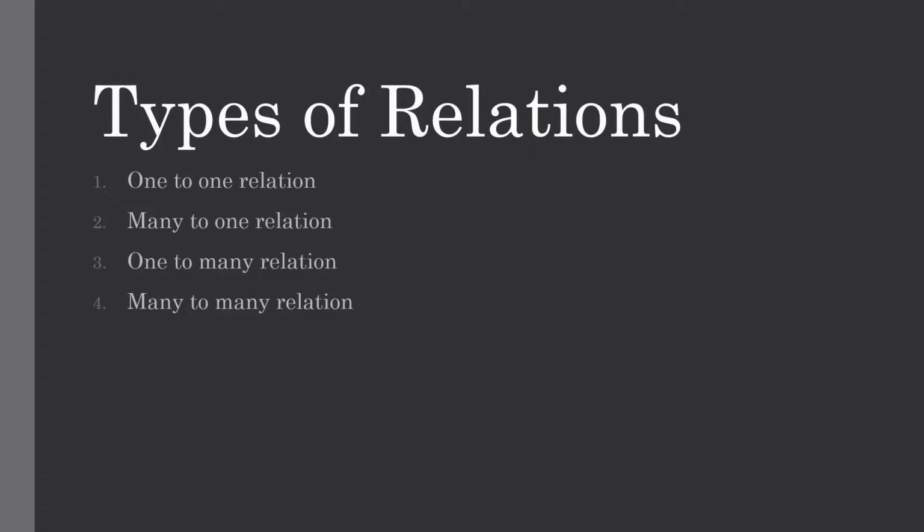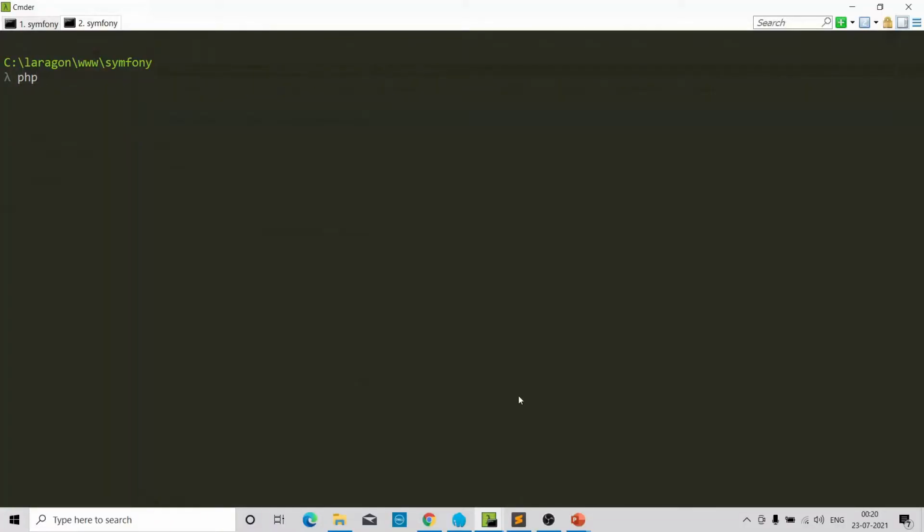Next we will learn about many-to-one relation. I will again create a new entity for that. Now I will create an entity named country.